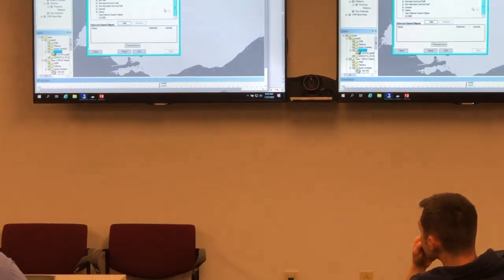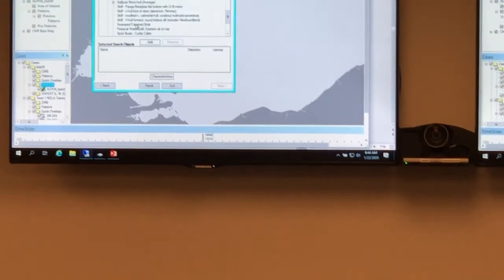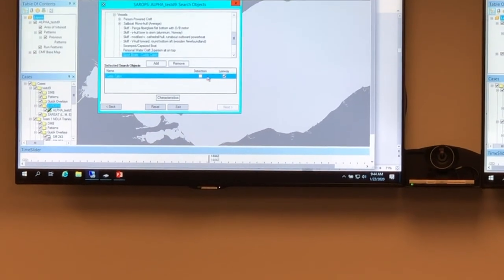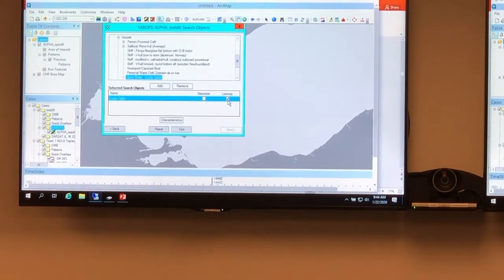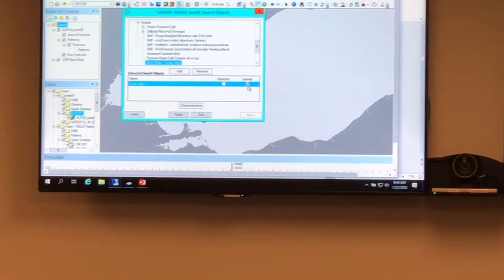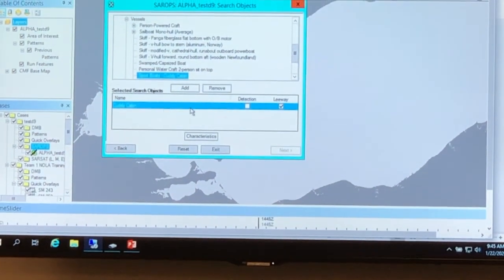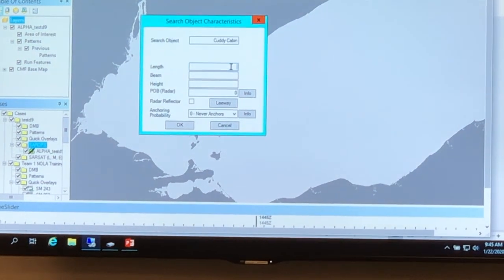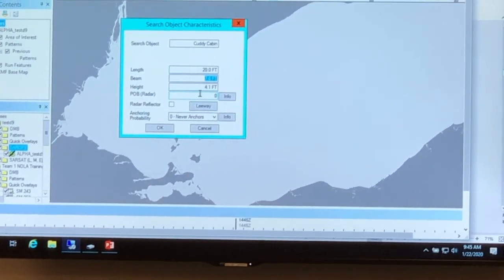Okay. And then to prove my point about the whole boats don't really matter for size, I'm going to show you. See how leeway's checked? Nobody really put two and two together. As soon as I picked it, the leeway's checked. As soon as I click on here and I put something in, then this is that whole POB radar right here.